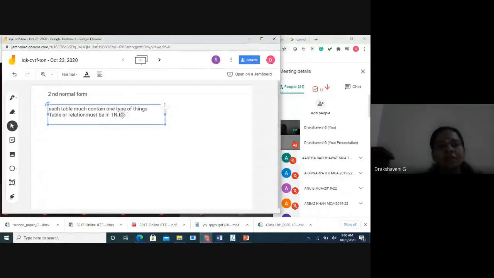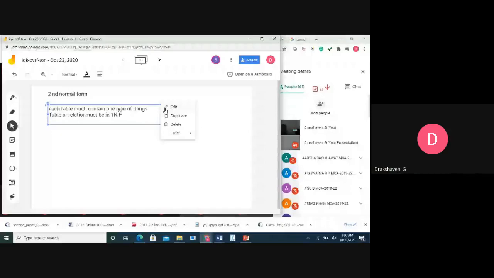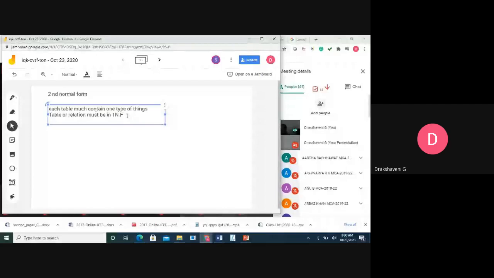And the second property says that each table or relation must be in the first normal form. When we say table, then it should be in the first normal form.